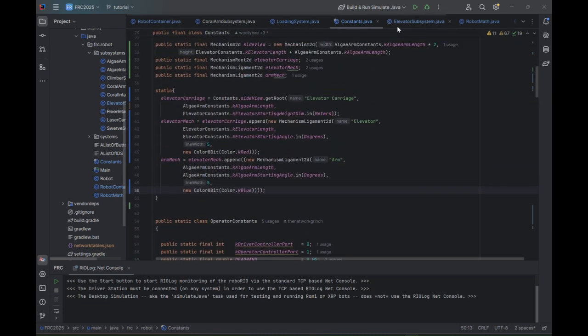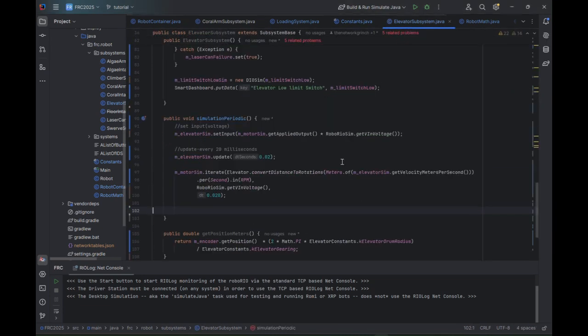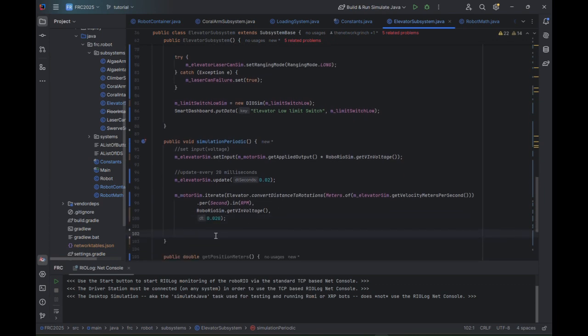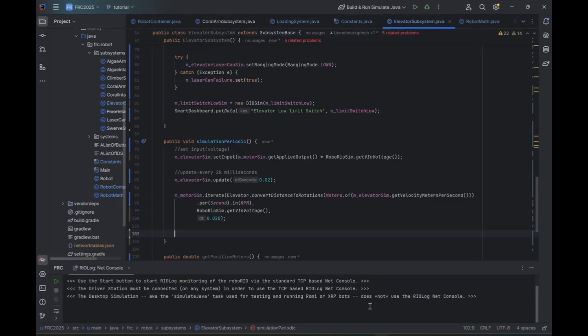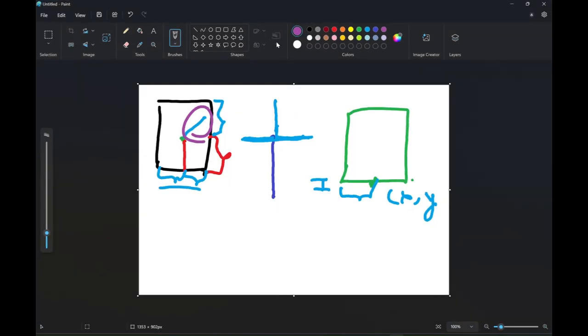And then we need to update it in our simulation periodic. What we need to update is, the arm we just leave to our arm subsystem, and what we need to update is our pivot and our elevator.